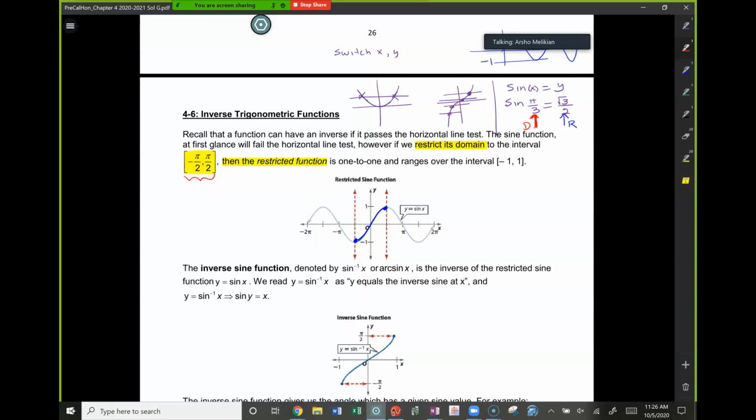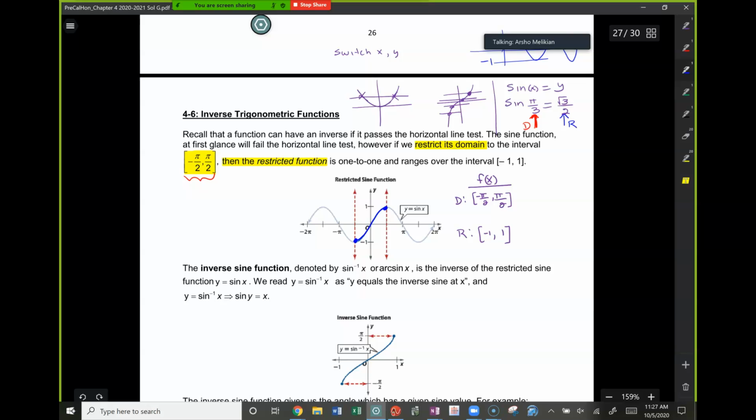For the restricted function, the domain is only from -pi/2 to pi/2. So for f of x, I'm restricting the domain from negative to positive pi/2. And then the range is still from -1 to 1.